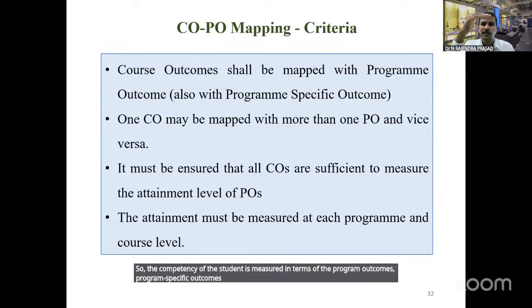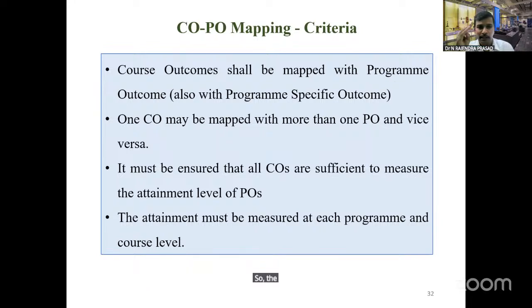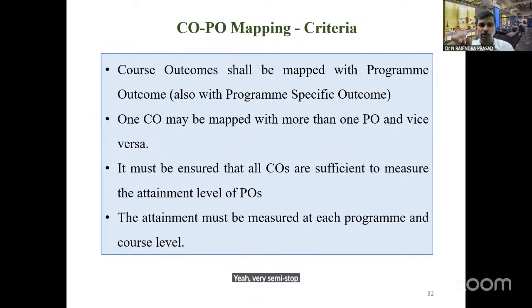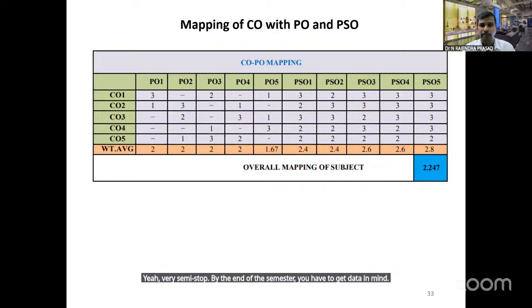Then comes the success story of the higher education institution. So the CO should address the attainment of POs. Attainment must be measured at each and every program, at each level, every semester. By the end of the semester, you have to get the attainment for each program.